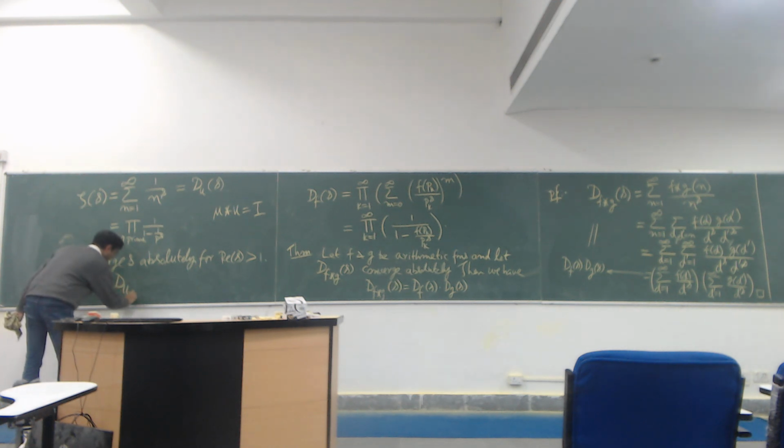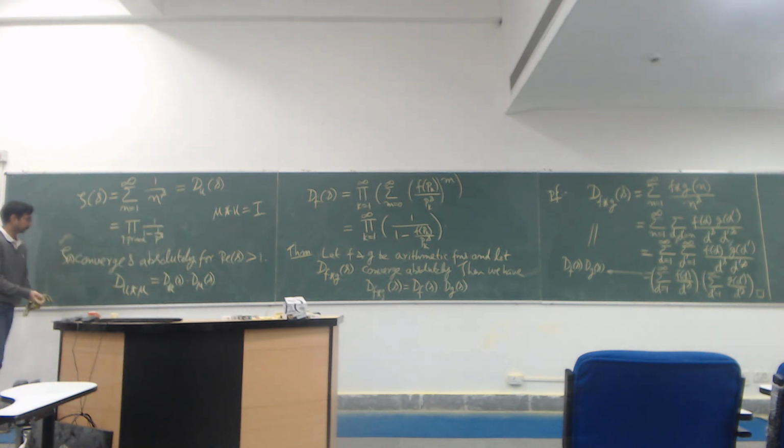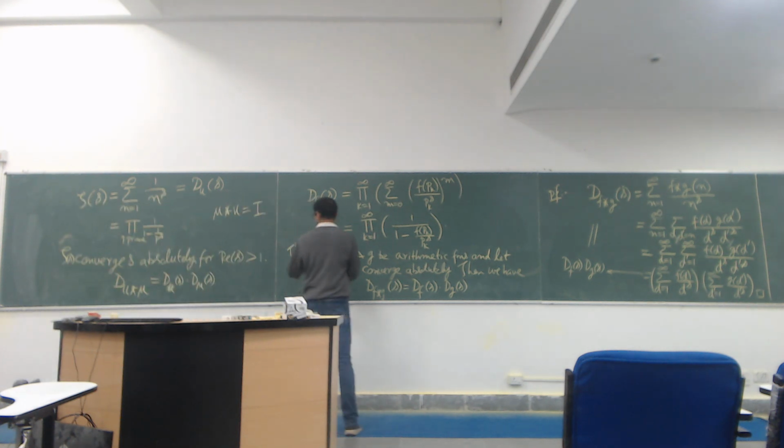D of u star mu as D of u at s times D of mu at s. And D of u at s is just the zeta function, right?